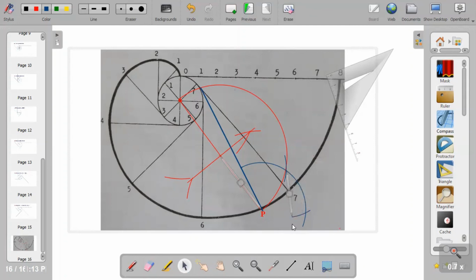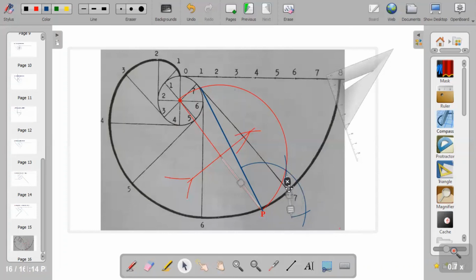So this is another arc. Now I have 2 points. From here to here, I have 60 degrees. From here to here, I also have 60 degrees. And the third one will also be 60 degrees, because the angle in a semicircle gives 180 degrees.